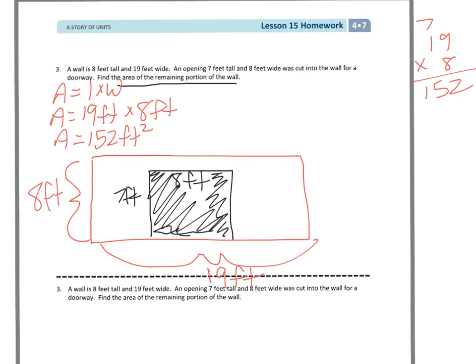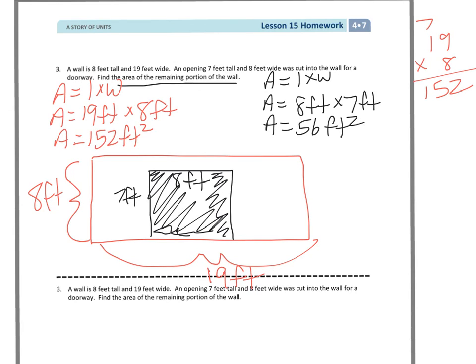But now I have to subtract out my doorway. And I know my length is 8 feet. And my width is 7 feet. And again, it doesn't matter if I do 8 times 7 or 7 times 8, because we'll still get 56 feet squared. So I have my area of the whole thing. I now have my area of my cutout.